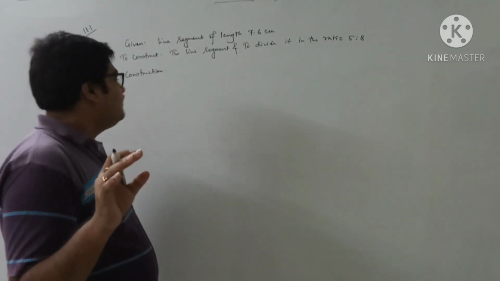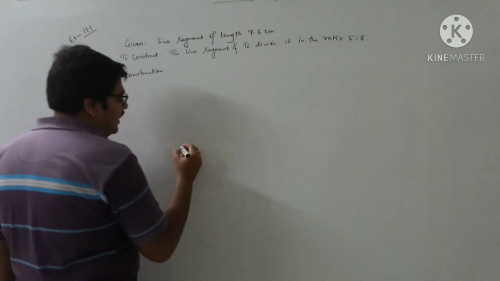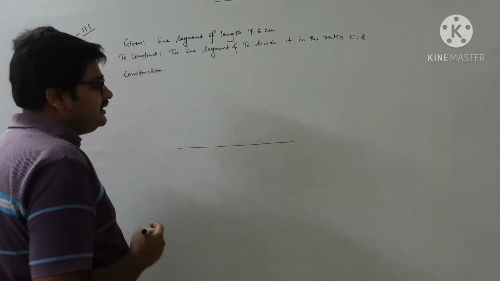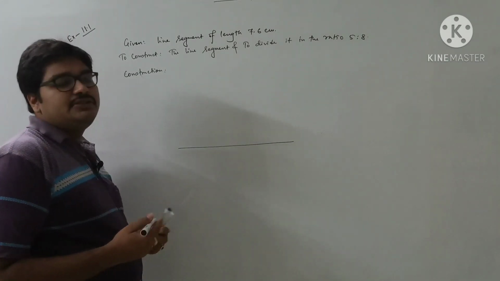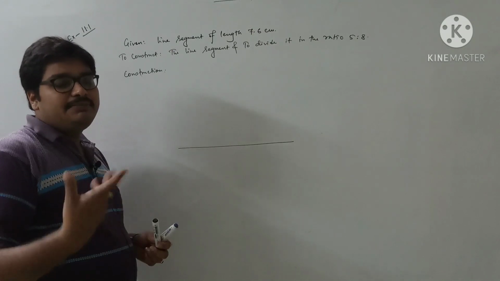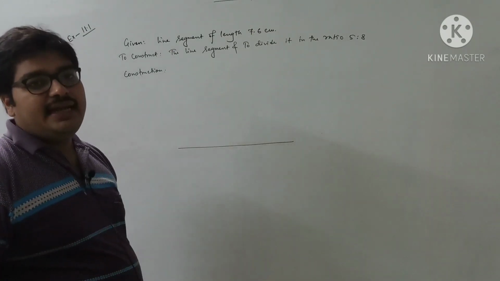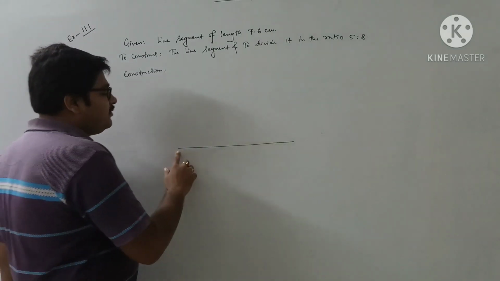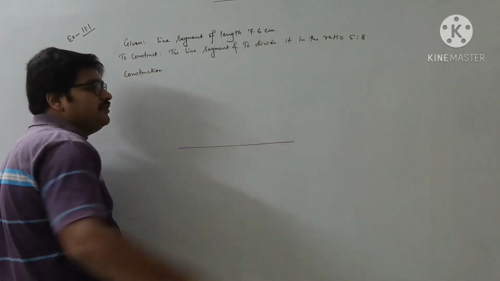So I'm just starting the construction. First of all, you have to draw a line segment of length 7.6 cm. In this video class, one of the best things you can get is that if you have skipped or cannot understand, you can see the video again to understand how to construct it. So first of all, I have drawn a line of length 7.6 cm as we have told.